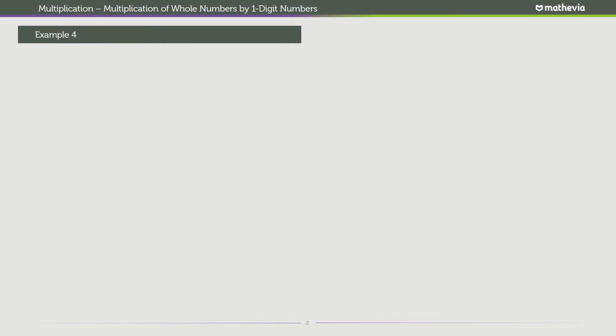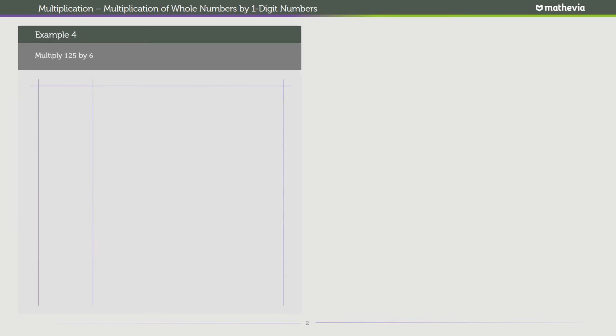Example 4. Example 4 says multiply 125 by 6. So 125 by 6. We're going to multiply digit by digit, and we start off with 5. Now 6 times 5 is 30. We write down 0, we carry 3. Now we move on to 2. 6 times 2 is 12, plus 3, we have 15.